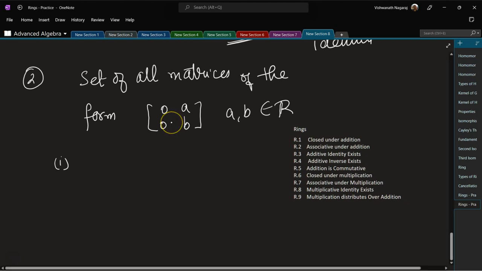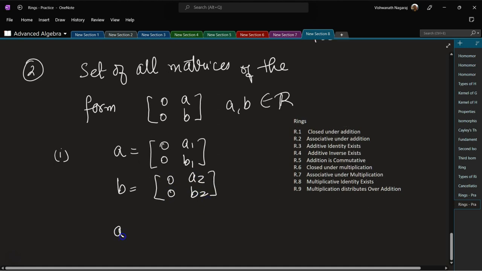So therefore, this is also closed under addition. But if we have to actually show it, let's say A is equal to [0 0; a1 b1], B is equal to [0 0; a2 b2], and we have to show that A plus B also belongs to R.